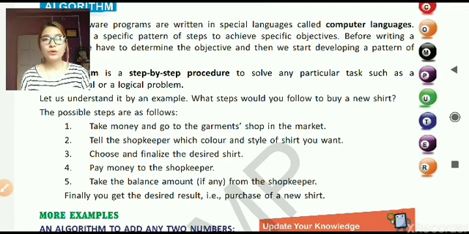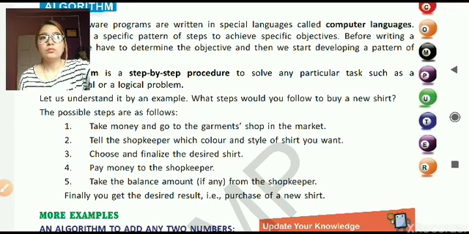Third, choose from amongst the t-shirts, shirts and dresses he shows you and finalize the desired dress. Fourth, pay the money to the shopkeeper. And fifth, take the balance amount returned by the shopkeeper and come back home. So finally you get a new dress. This is how you write a step-by-step procedure for any event.